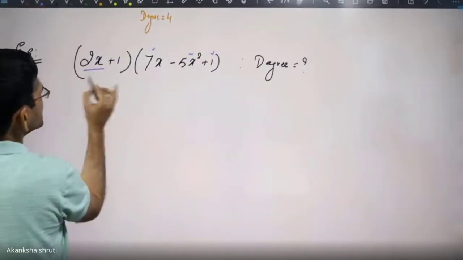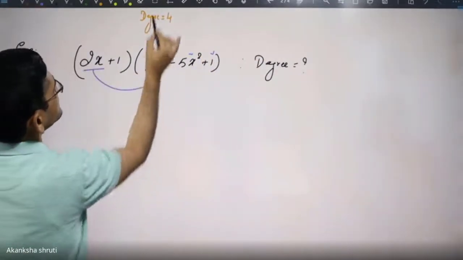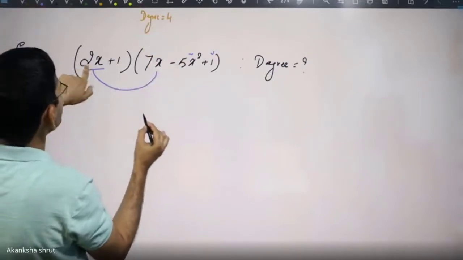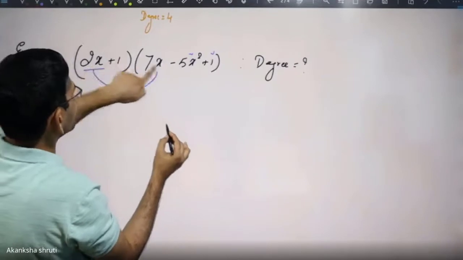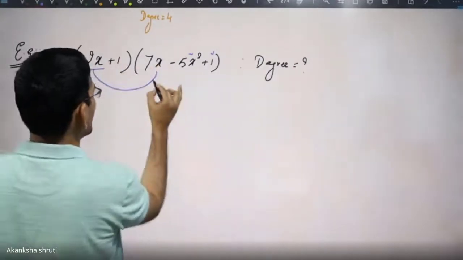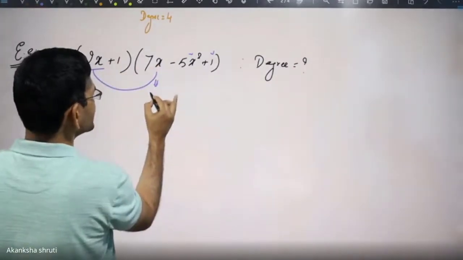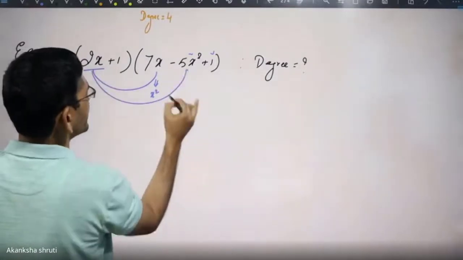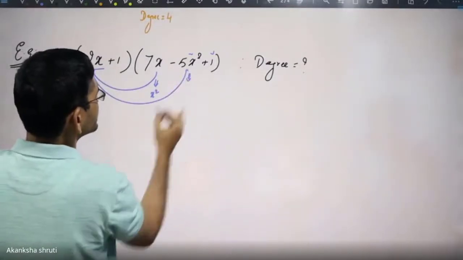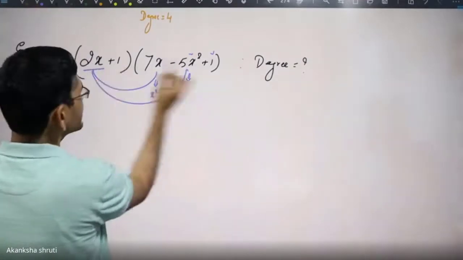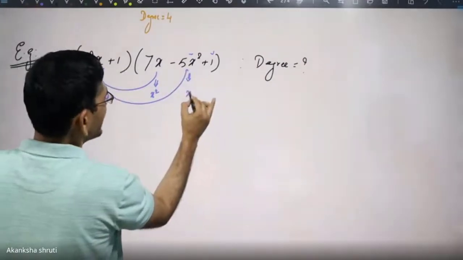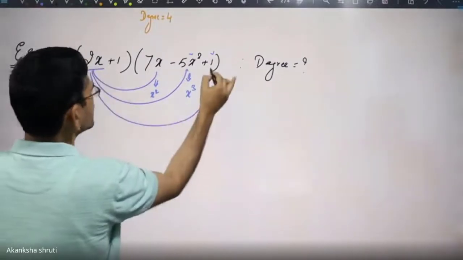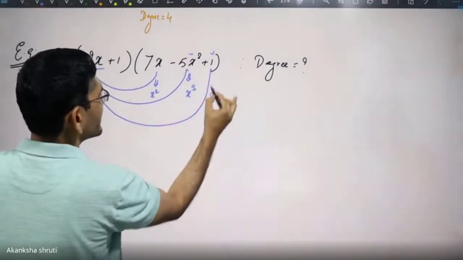This 2x multiplied by this 7x becomes 2 sevens are 14, x into x is x square. So this can give us the x square term. But if I multiply with this one, it gives x into x square, the x cube term. And if I multiply with this one, it remains x only.